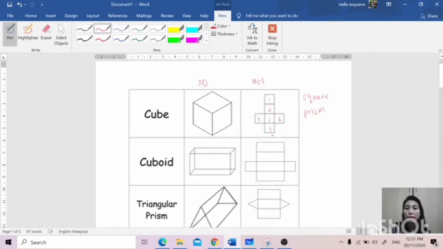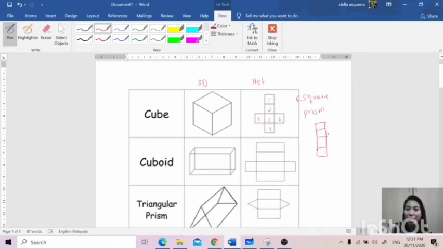The net is in this diagram, but not necessarily like this. Sometimes, as long as you have 6 squares, you can make a cube. Sometimes they also draw it this way: 1, 2, 3, 4. I'm just drawing it without making sure it's all the same length.